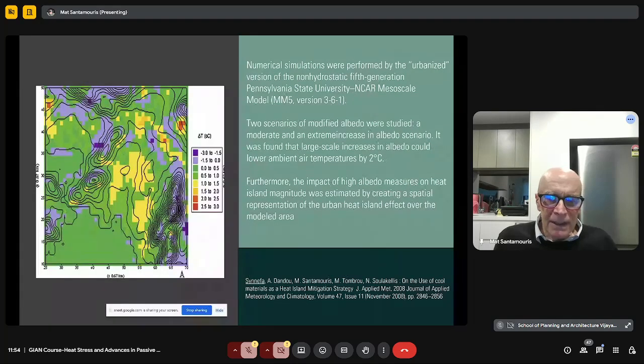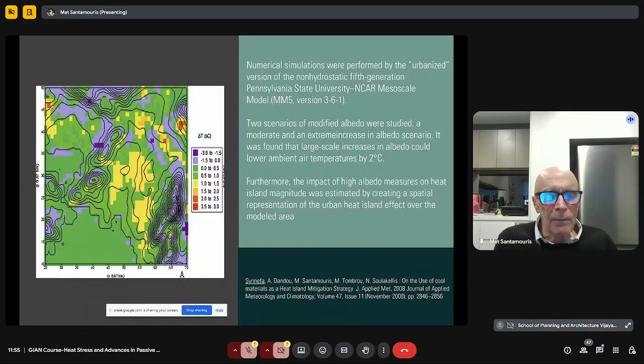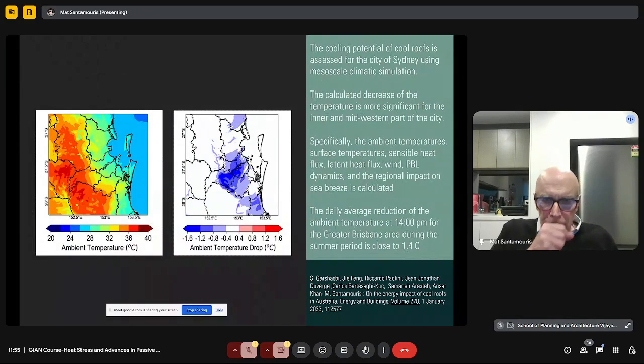On average, it is between 1 to 1.5 degrees, up to 2 degrees in very warm climates. But the most probable decrease you may have with an extended implementation of cool roofs in a city will be close to 1.5 degrees.